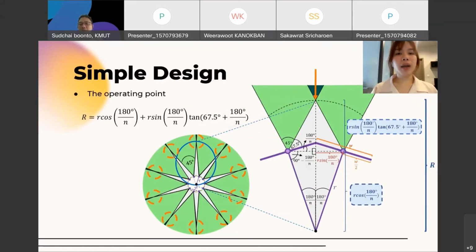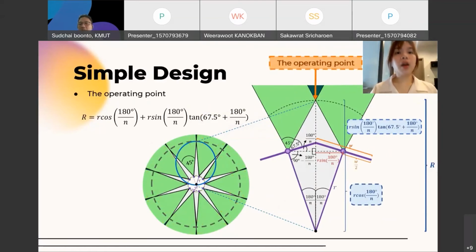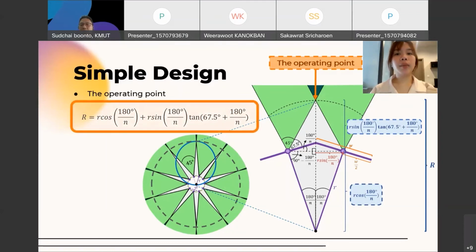In this paper, the distance between the center and the overlap point is called the operating point, which is the point where the system can cover 360 degrees. The operating point is calculated by this equation, as derived by trigonometry and shown in the right picture.